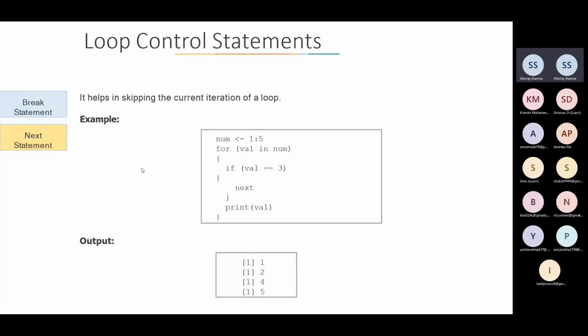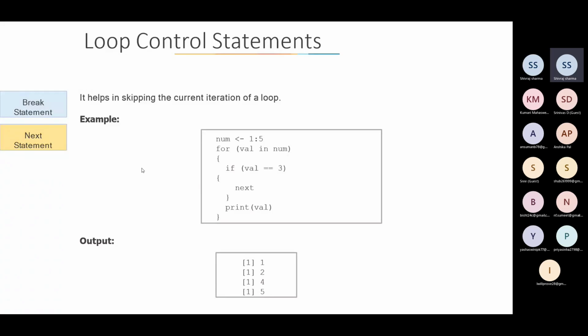In the next statement, it says that if the value is equal to 3, then also move on to the next, for the print value. So in this statement, it skips the value 3.